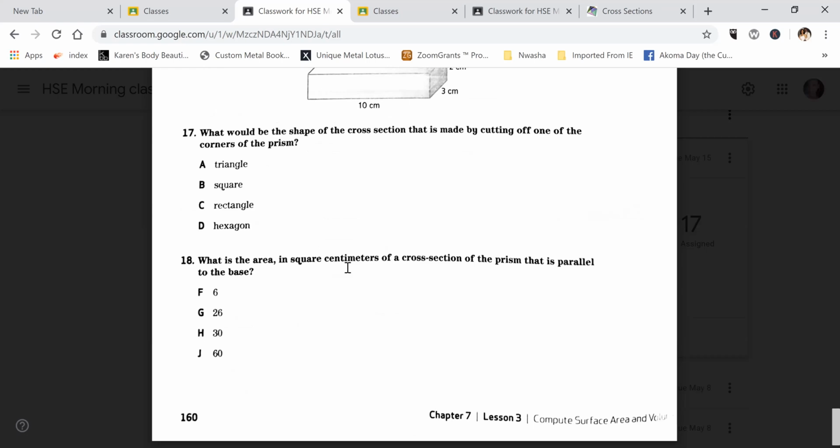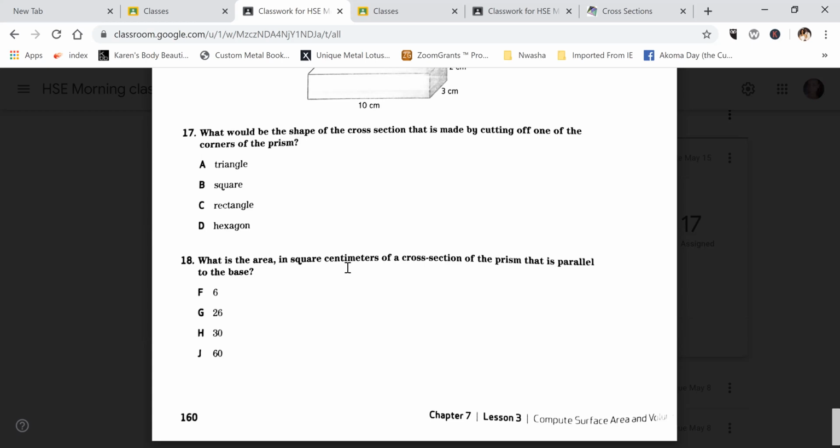Basically, what is a cross section that's parallel to the base? What does that mean? Basically, you're trying to figure out which way are they cutting it. If they say parallel to the base. It's the top one. Right.